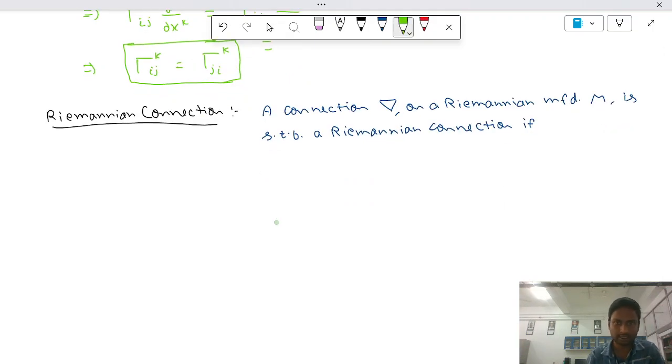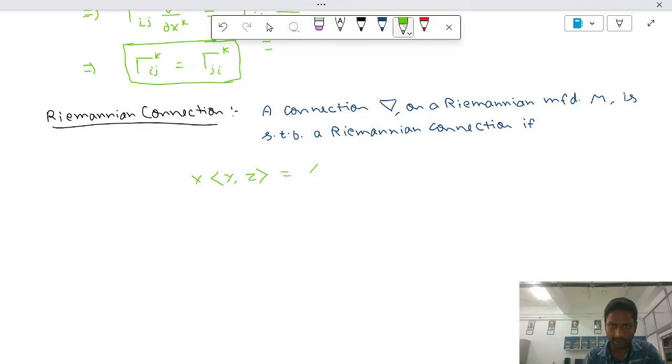If it satisfies this property, what is this? So this is x, y, z. These angle brackets are nothing but your Riemannian metric. You can also write G of y comma z. Right now I'm just using the angle bracket notation.